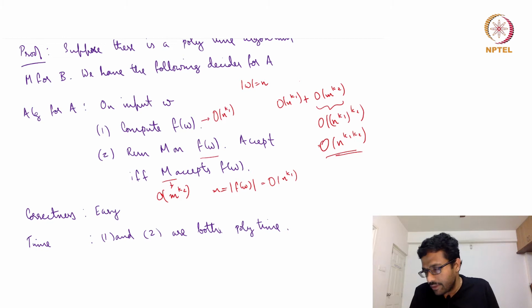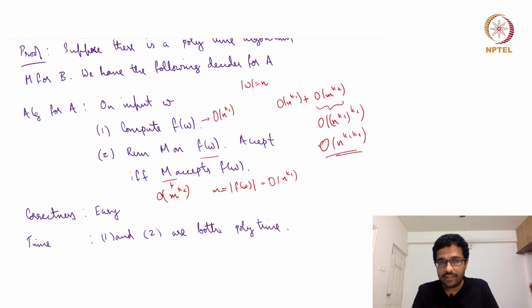But k1 and k2 are constants, so together we have n to the power a constant, which is a polynomial time thing. So the combined algorithm of transformation and then running the decider for B is also a polynomial time algorithm. When I say polynomial time algorithm, the baseline is the input length.